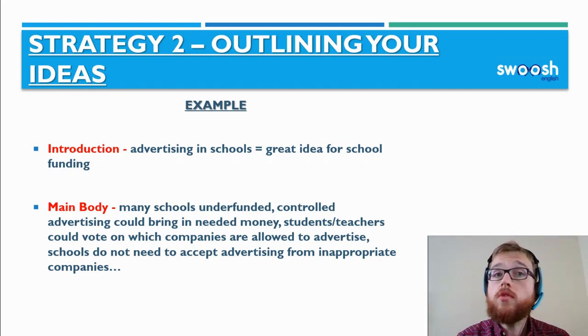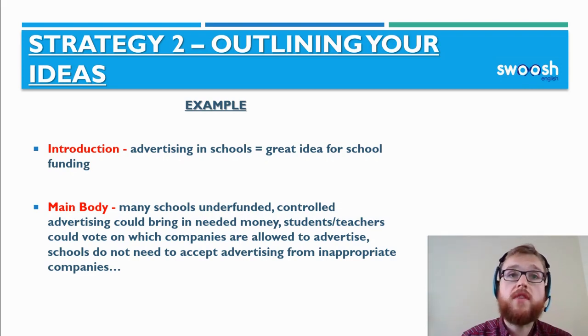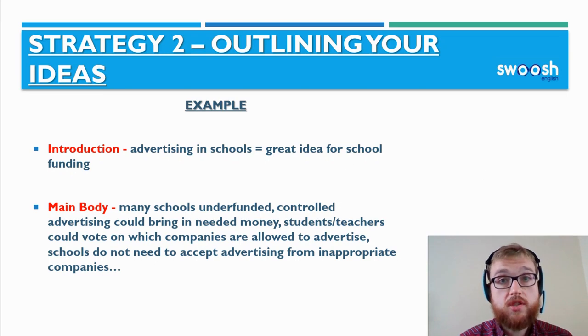Students and teachers could vote on which companies are allowed to advertise, and schools do not need to accept advertising from inappropriate companies. So in the main body, as an example, I have taken 2 to 3 of these viewpoints as my supporting argument for the main idea, which is that advertising in schools is a great idea for school funding, as outlined in the introduction.